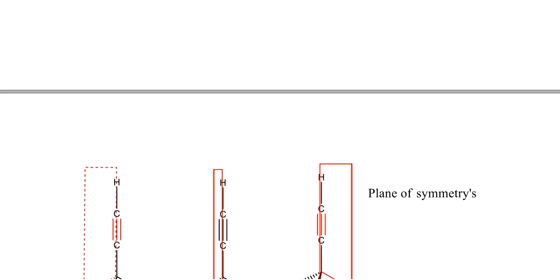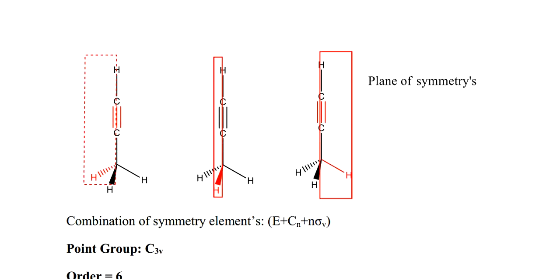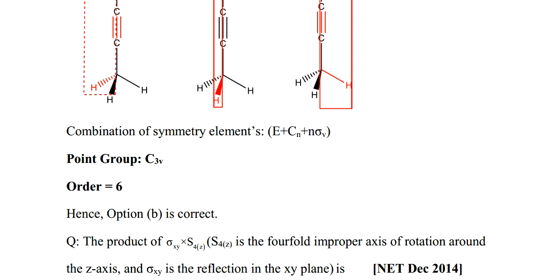And there are 3 planes of symmetry, which are vertical planes of symmetry. You can see here the plane of symmetry is parallel to the principal axis of symmetry. So what is the combination for this point group? Symmetry elements identity, Cn plus n sigma V. So it will give the CnV point group, that is the C3V point group for this molecule.